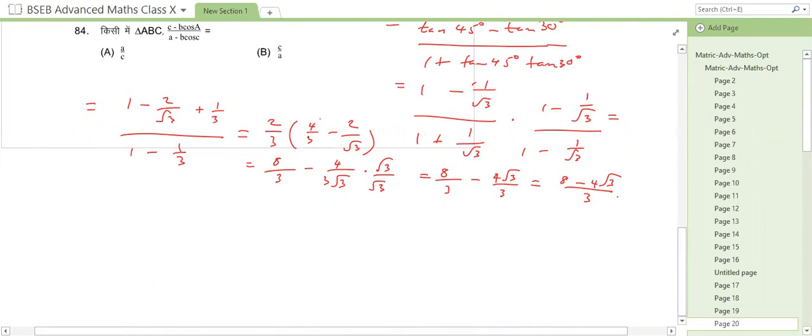The LCD is 9, so we can take out 4 as a common factor, 4 over 9 into 2 minus root 3.